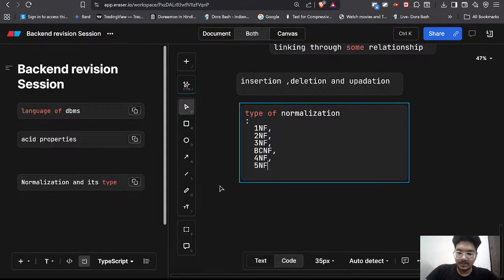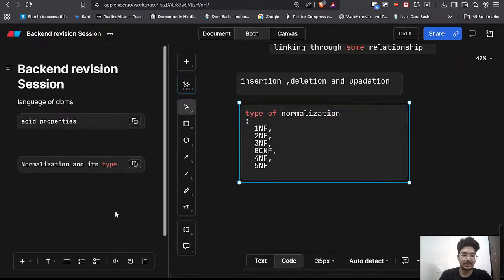So let's move forward to the next question. What is an ER diagram?